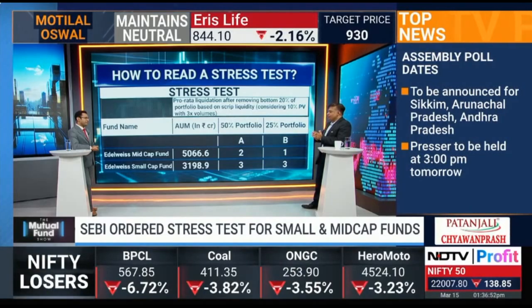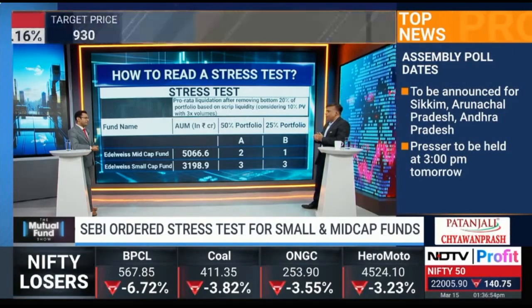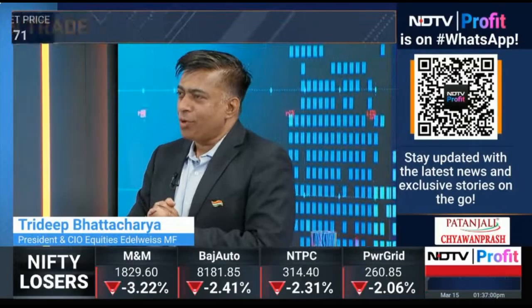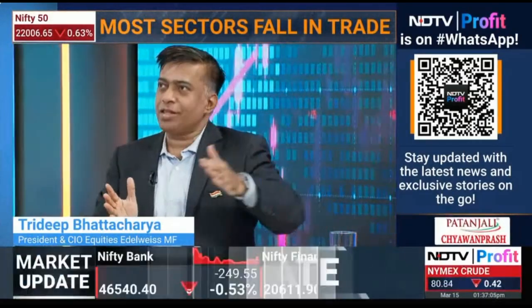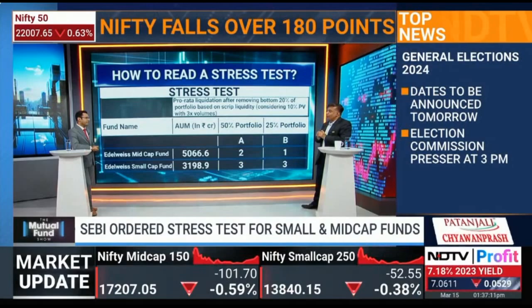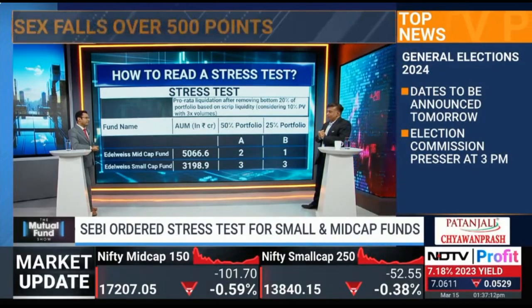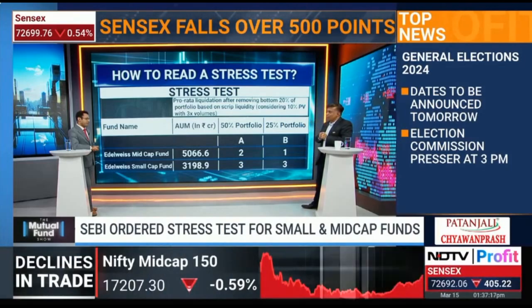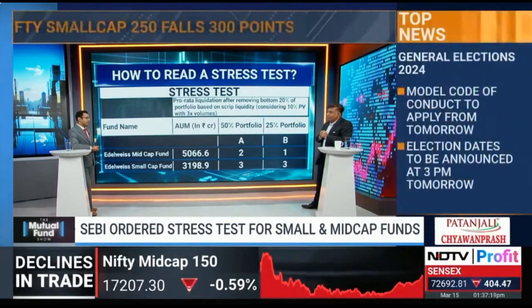If the fund is on the lower side, then as an investor, that gives you additional comfort that on a rainy day, I could get my money as soon as possible. If you're on the other extreme, where it takes about 100 days or even more, a meaningful number of days to get 50% of your portfolio out, then you should consider, when things don't go right, will I get my money back in time?